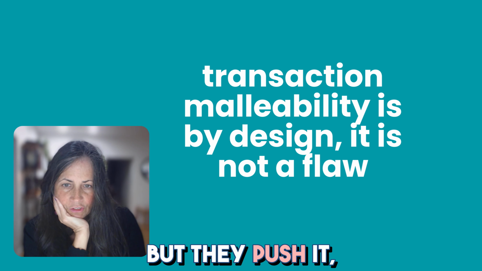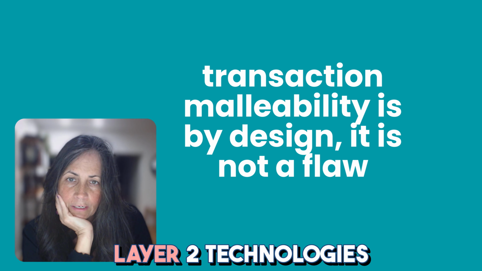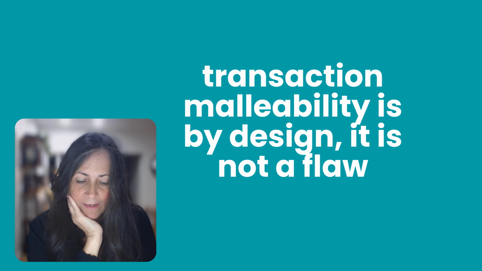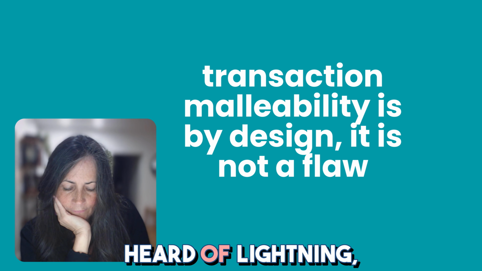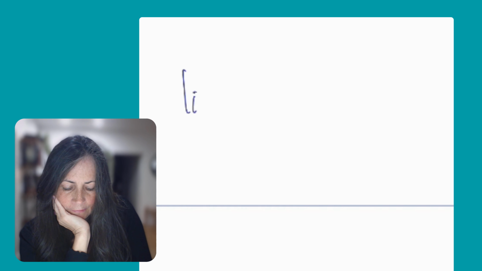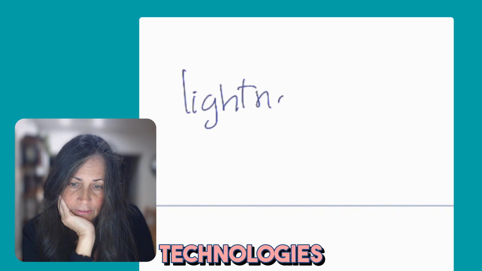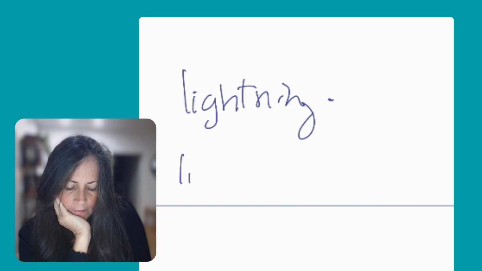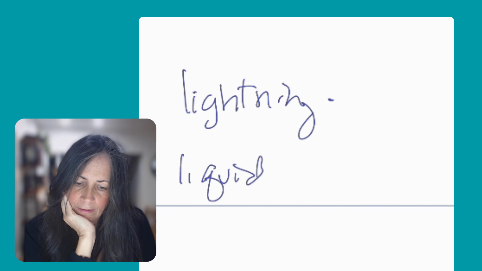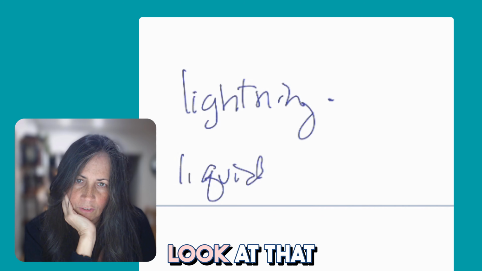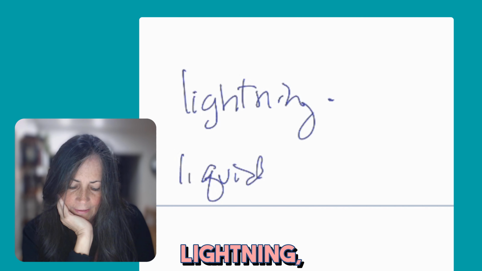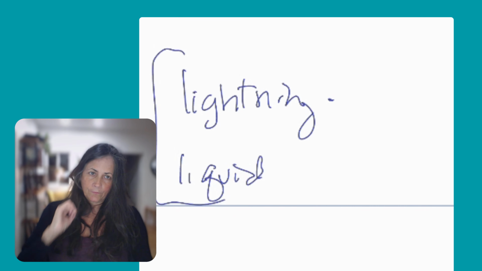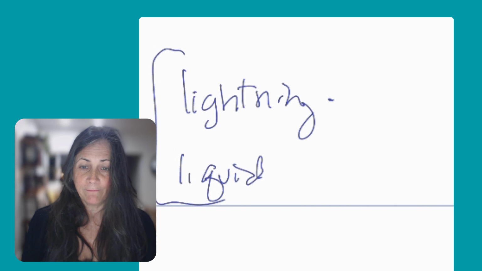But they push it because their layer 2 technologies require SegWit in order to work. So you've probably heard of Lightning, and then Liquid is a side chain. There are probably other things that they're doing out there. I don't really look at that chain too much, but I know that Lightning and Liquid both require SegWit in order to work.